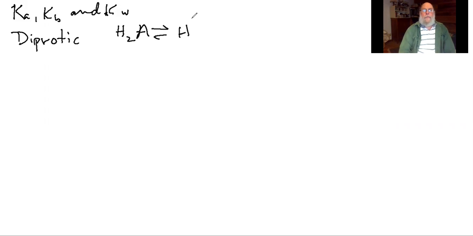and we release a proton and have our intermediate species HA minus, so that's Ka1, and then that can go on. This is going to be a weaker acid almost always, perhaps always. That can go on and dissociate, release a proton, and give us our A2 minus.